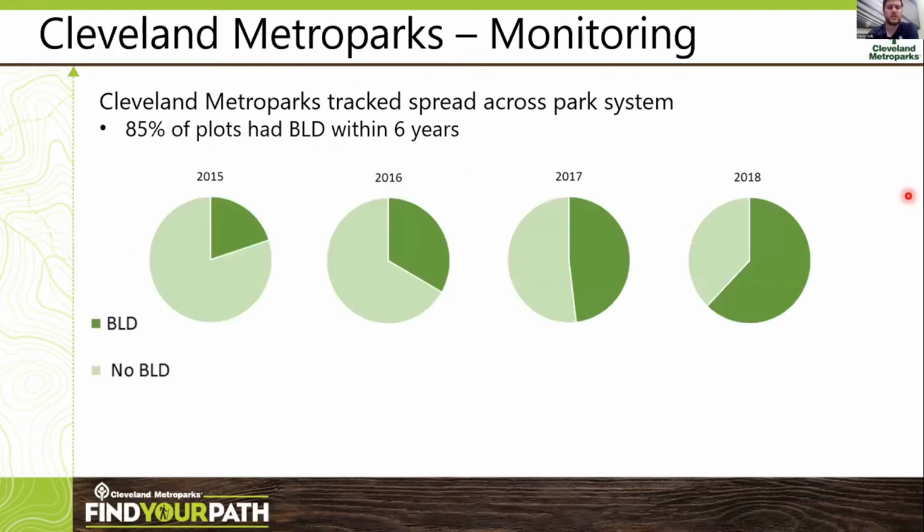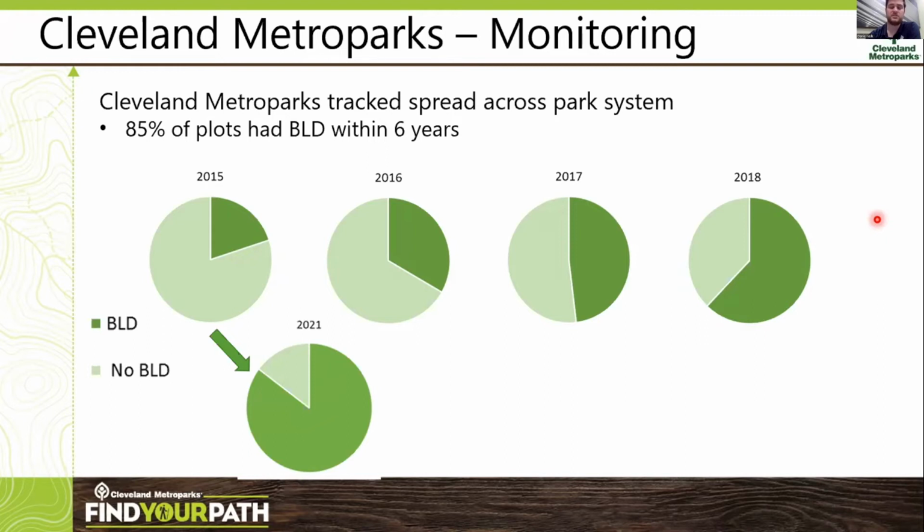And in fact, this is a really nice display of how quickly it moves across our park system. So in 2015, we had about 20% of our plots that were affected by beech leaf disease. And you can see that number just growing over time, year over year. And in fact, most recently in 2021, we had 85% of our plots with beech leaf disease over just a 6-year period, from 2015 to 2021.